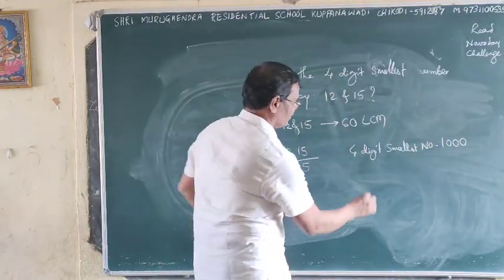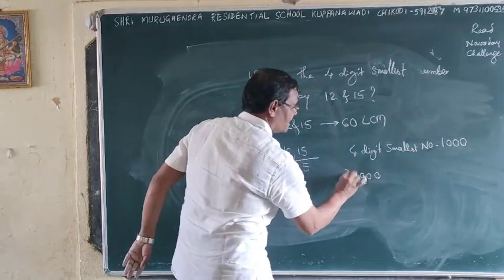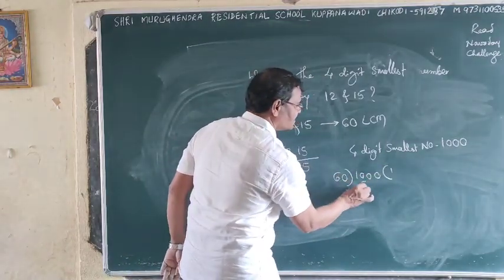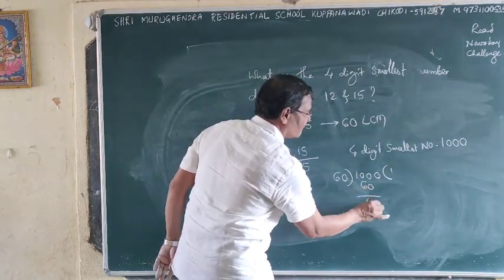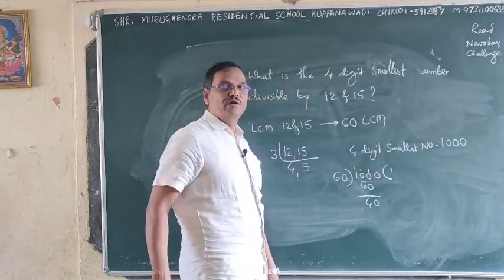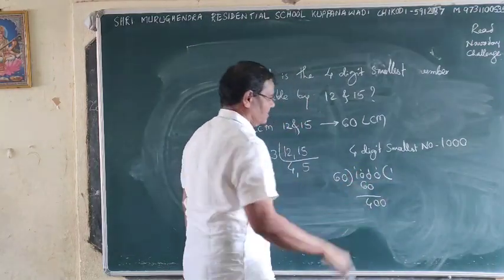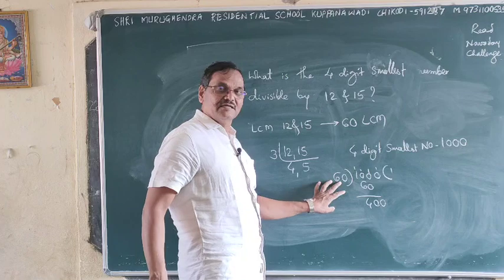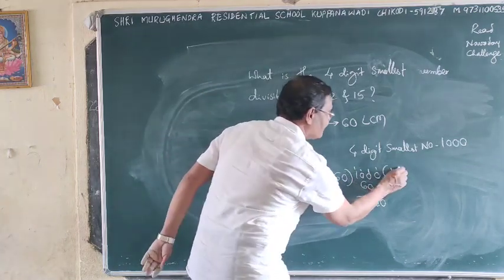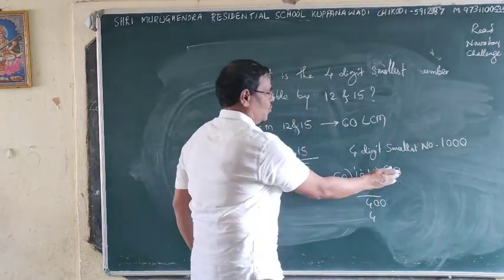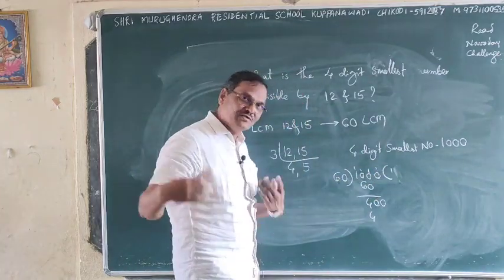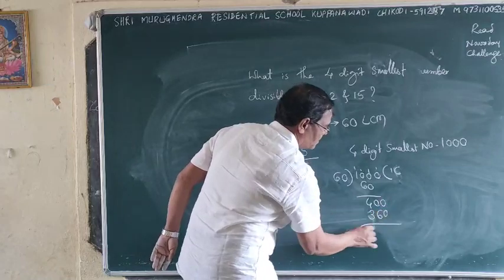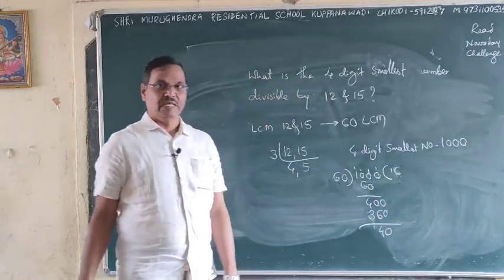Divide it by 60. 1000 divided by 60. 6 1s are 6, 6 2s are 12, it is 120, 40 remained, all the 3 digits taken and only 0 we have to take. 6 5s are 30, 6 6s are 36. 40 remains.